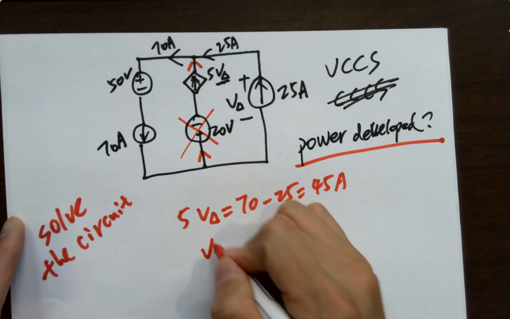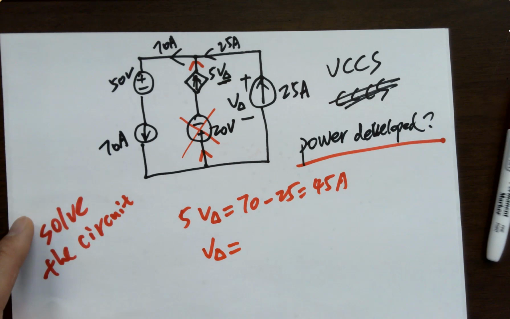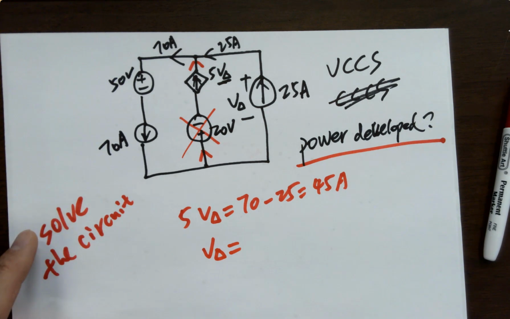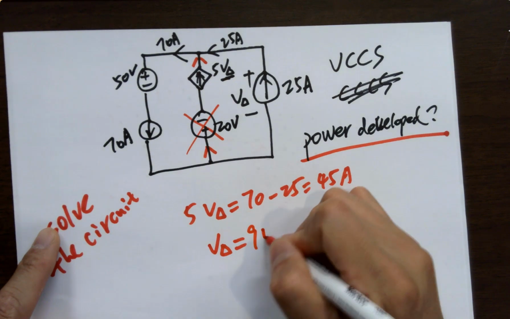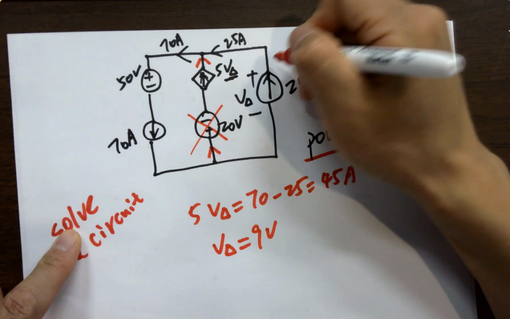So what is V delta? 9, yeah. 45 over 5, which is 9 volts. So plus minus 9 volts, right?